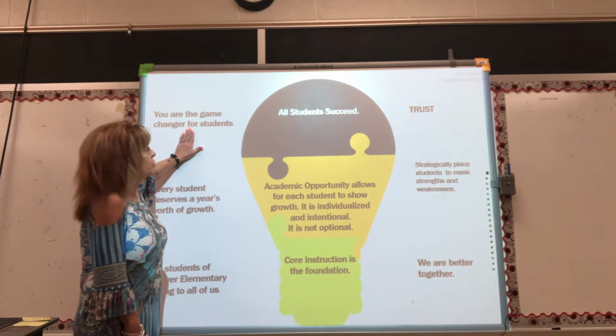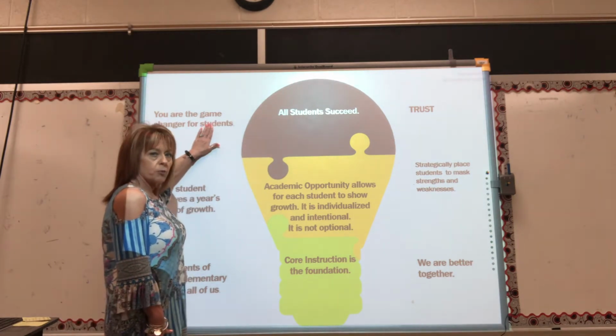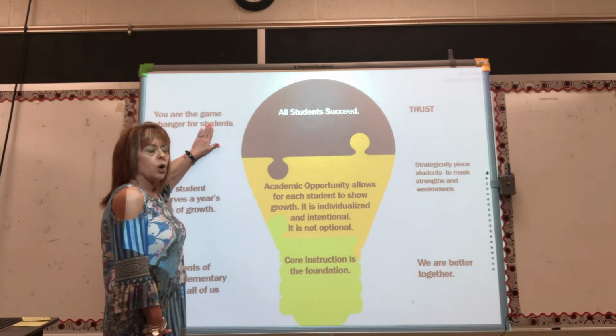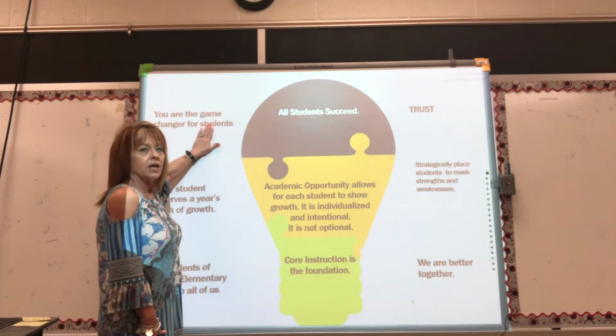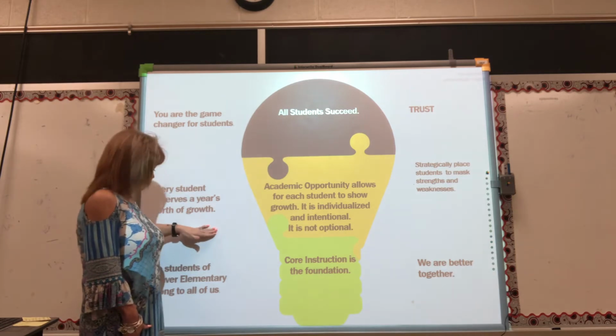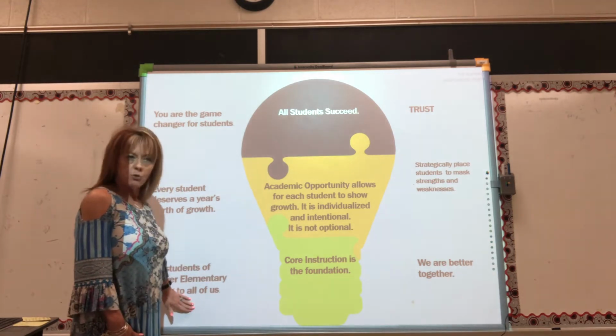This is the most important thing. I wish I'd put it up under here. You teachers, parapros, those of you that are working for that 45-minute block, you are the game changers when it comes to our children and improving instruction. Every student deserves a year's worth of growth, and the students at Weaver Elementary belong to all of us.